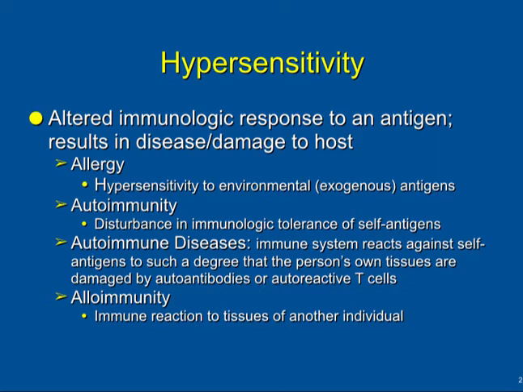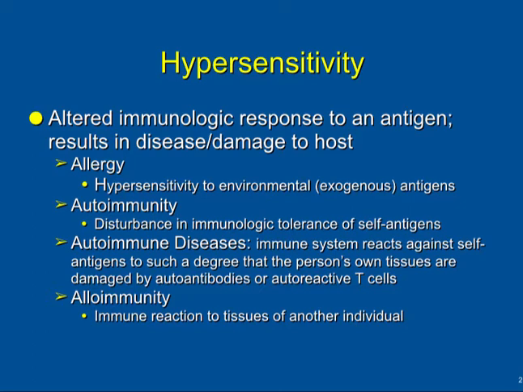So they lose that tolerance, and they start to target self-antigens or your normal healthy cells. So in autoimmune diseases, the immune system reacts against self-antigens to such a degree that the person's own tissues are damaged by these autoantibodies or autoreactive T cells.